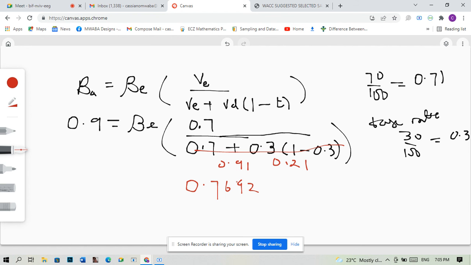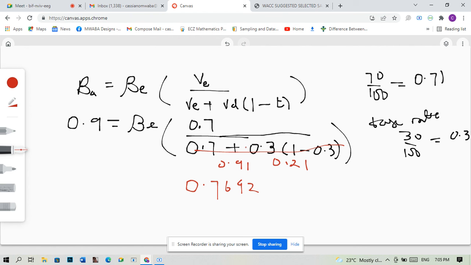I said 0.3 times 0.7. Where are you getting the 0.21?